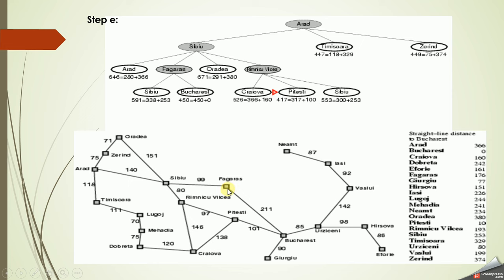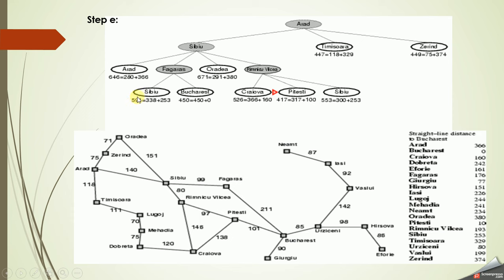From Fagaras, two cities are connected: Sibiu and then Bucharest. So again, the same way we are calculating f of n is equal to g of n plus h of n. So g of n value will be Sibiu to Fagaras, 99, plus Fagaras to Sibiu again 99, then Sibiu to Arad, which is 140. So for all these three nodes we have got 338, plus Sibiu's h of n value, which was 253.